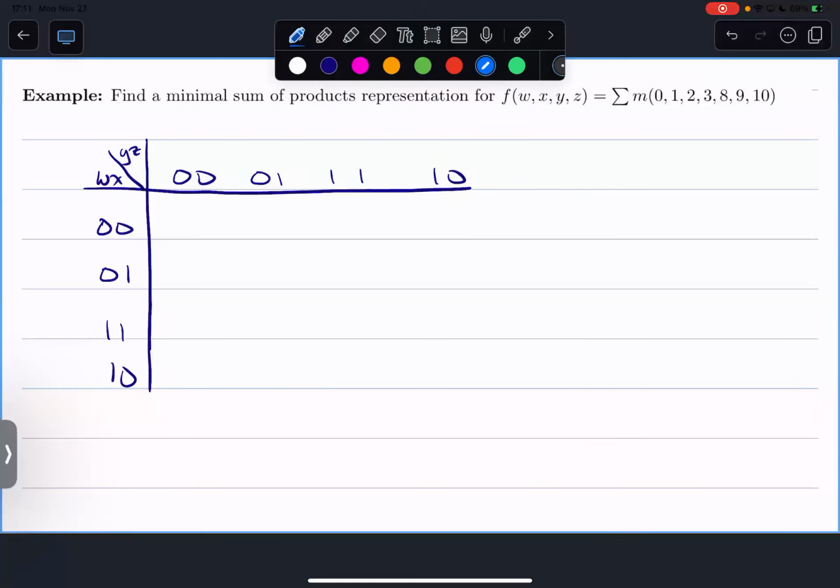I have 1 in 0, 1, 2, 3, not 4, not 5, not 6, not 7, 8, which jumps way down to the bottom. Oops, I wrote 8 instead of a 1 there. 9, 10 is way up here in the corner, and that's it.